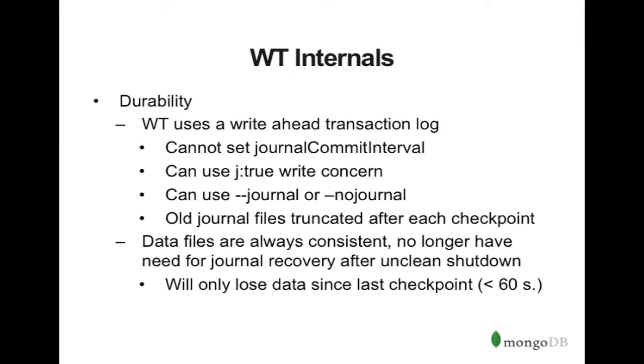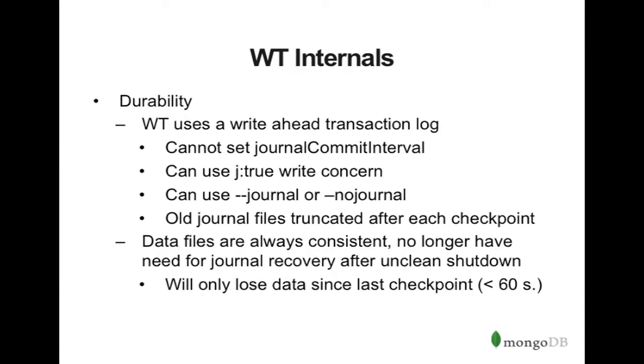Aside from that, journaling semantics from a developer perspective should be very similar. J-true write concern should work just the same as it always has. You can disable the journal if necessary. And after each checkpoint, after each data file flush equivalent, the old journal files get truncated such that we know that we had a consistent flush.